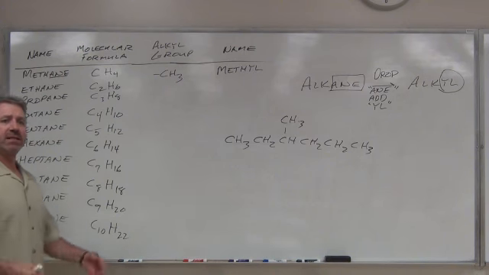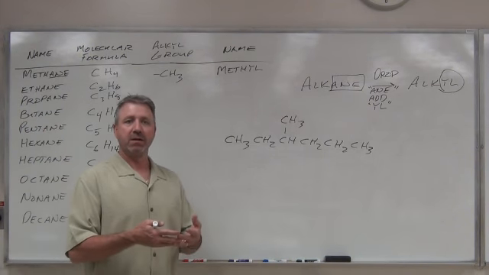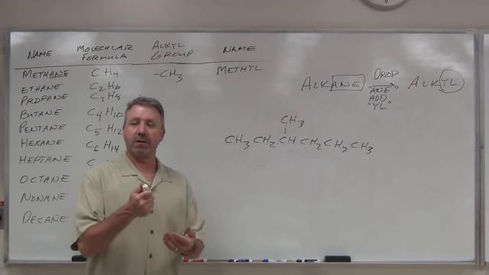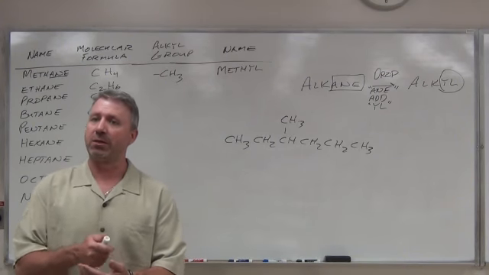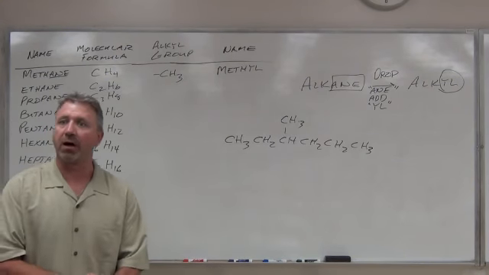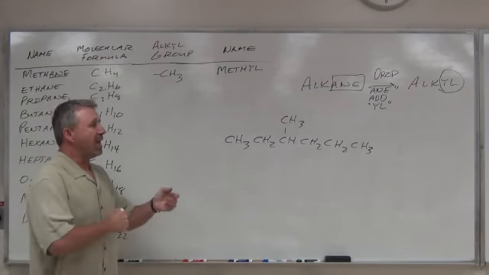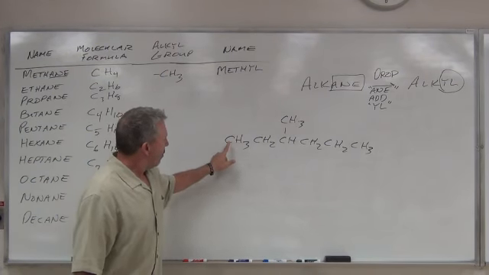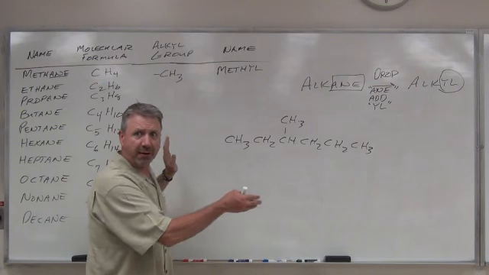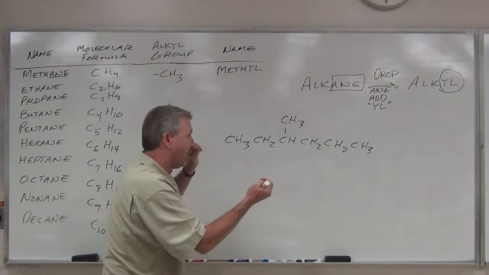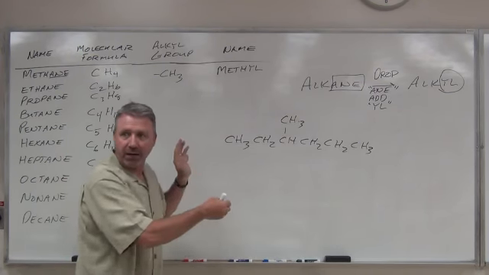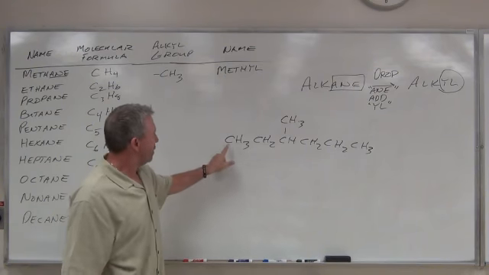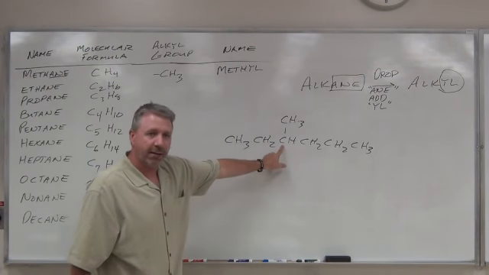Now, this gets a little sticky. Our first rule said we need to determine the longest continuous chain of carbons. We have to look at all possibilities. Because we read left to right, most of you are inherently drawn to that left to right chain. 1, 2, 3.